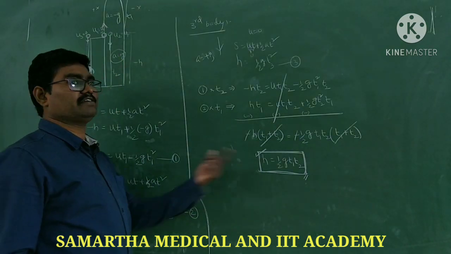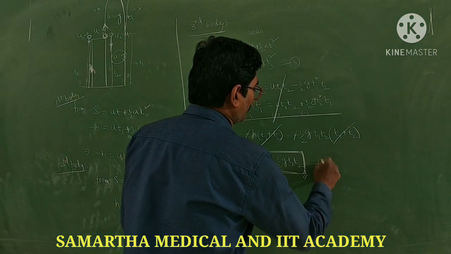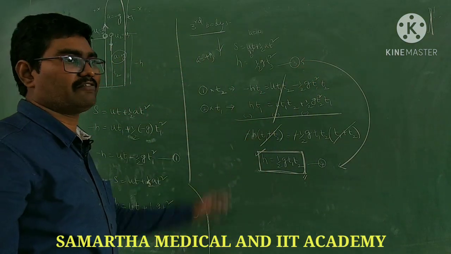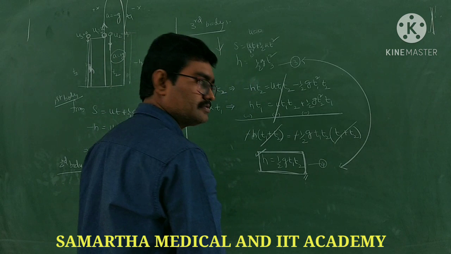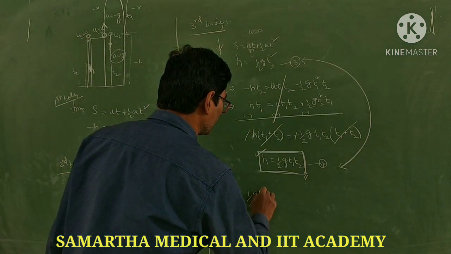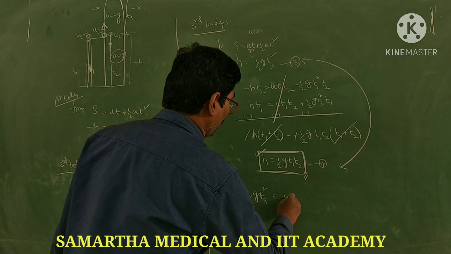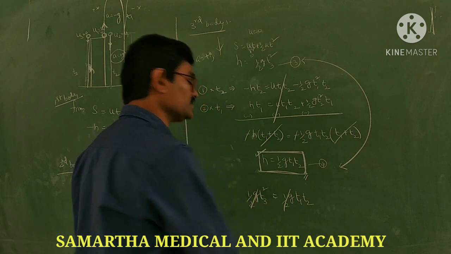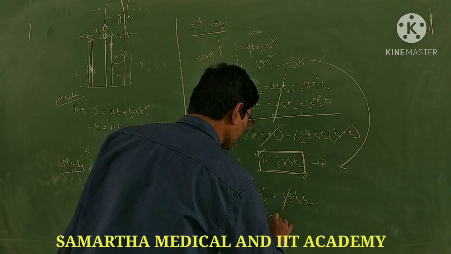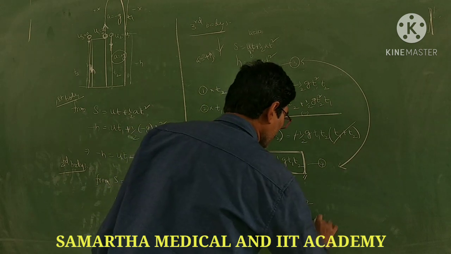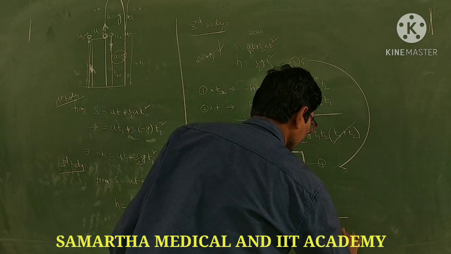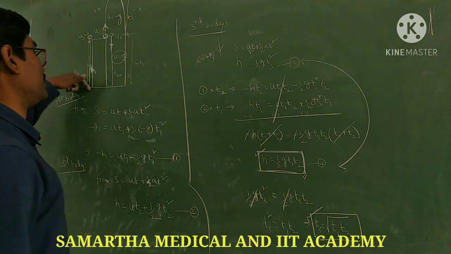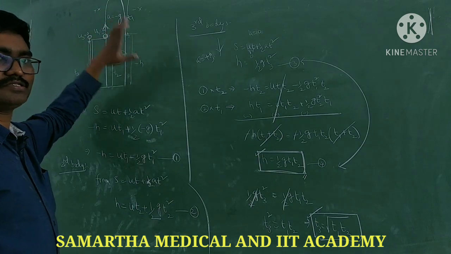H equal to half g t1 t2. This is equation number 4. Now you observe equations 3 and 4. The heights are the same, so can we equate these two? Half g t3 square is equal to half g t1 t2. Half g cancels, so t3 square is equal to t1 t2. T3 is equal to root of t1 t2. That is the relation between the freely falling body time and these two times, t1 and t2.